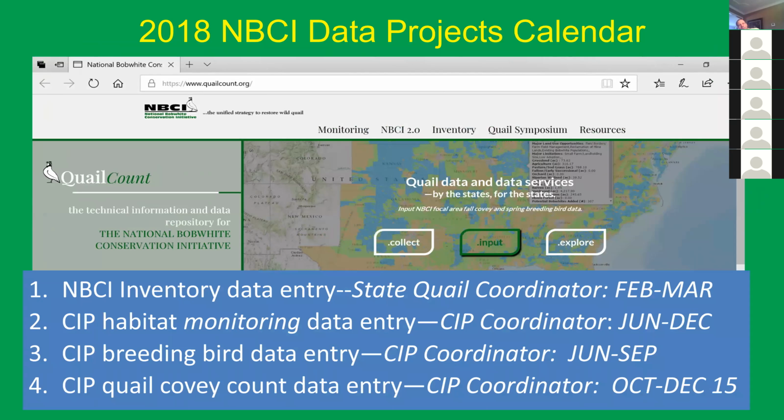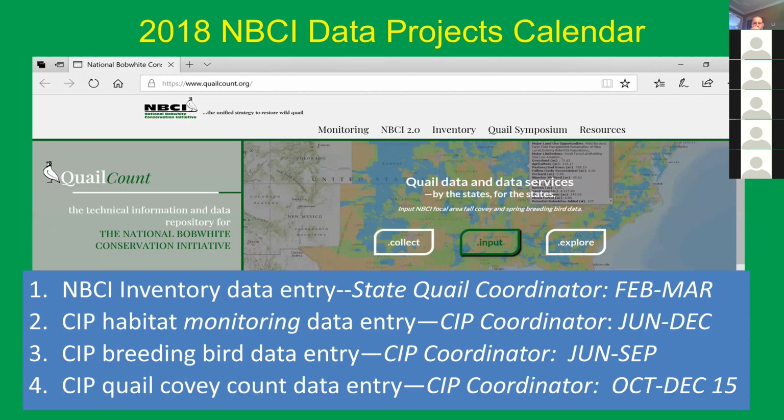This is a bit of a calendar, so if you're thinking about a SIP, you get an idea of what that means over the year. NBCI inventory data, which can be part of a SIP and is inputted by the state quail coordinator, is done February to March of each year, and that's been going on for almost 8 years now, I think.